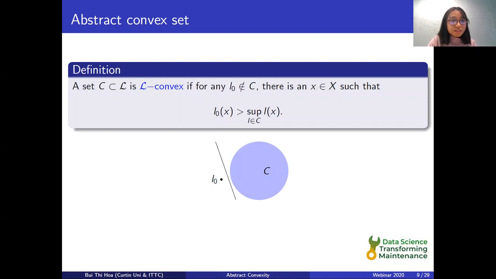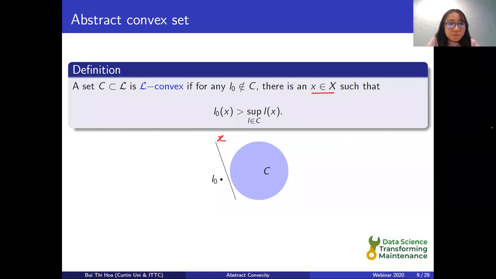So let's take this simple figure. C here is an L convex set, and then L0 is a point outside the set. This line here represents the element X belonging to X, so that this line X here separates the point L0 and the set C.